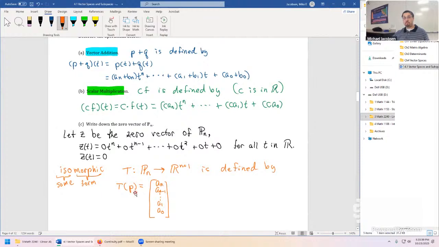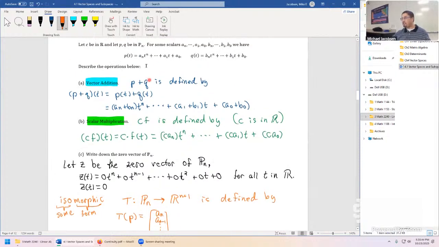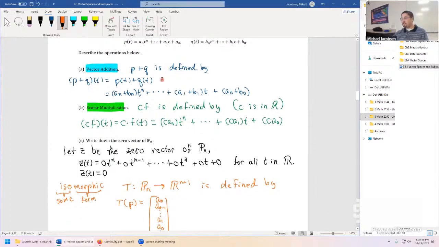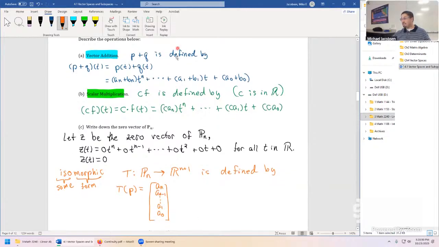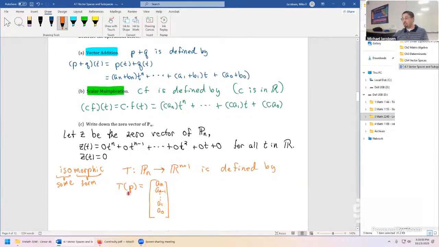Then that's our isomorphism. All this is saying to do is go to your polynomial, peel off the coefficients, an, all the way down to a1, a0. There's n+1 coefficients altogether, and you get a vector in R^(n+1).